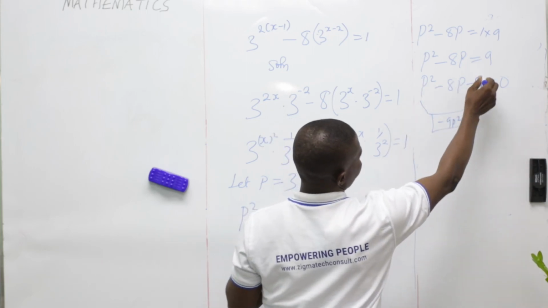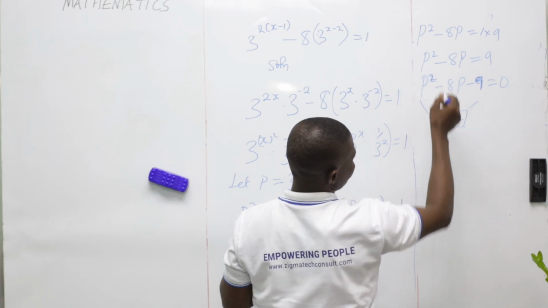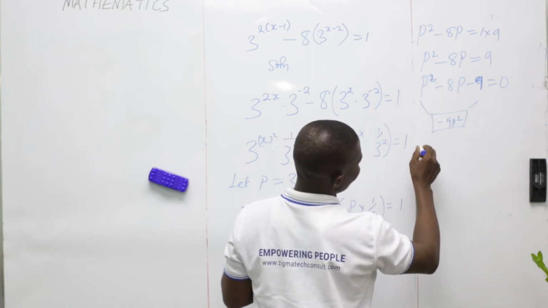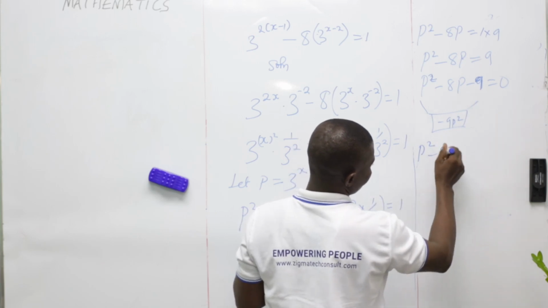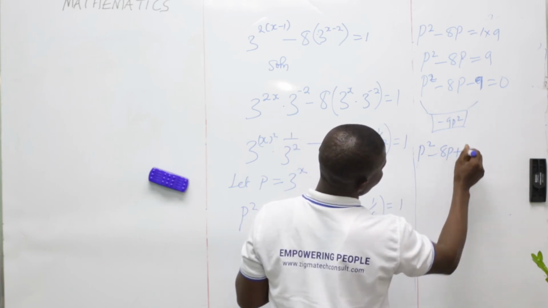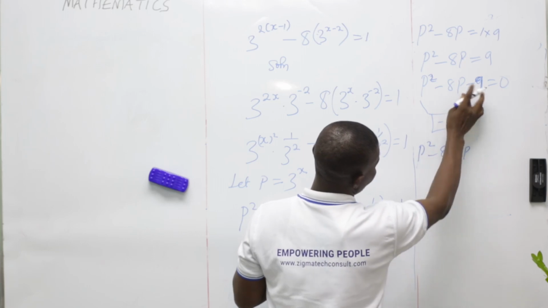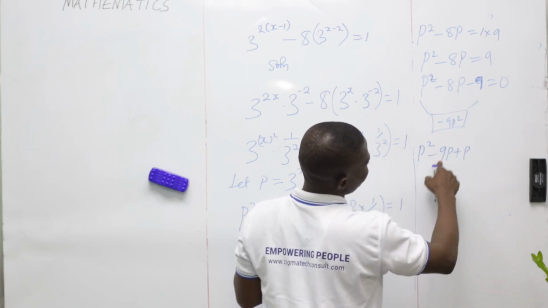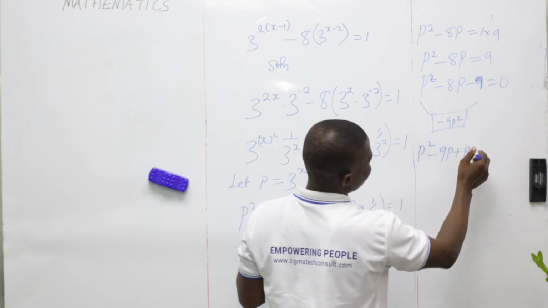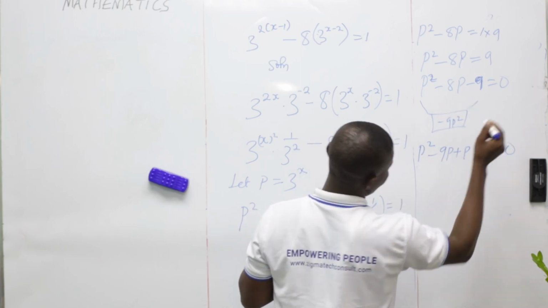What are two numbers that multiply to give minus 9 and add to give minus 8? Minus 8 and plus 1 cannot give us this, so let's use 9. Minus 9P plus P will give us minus 8P, then minus 9 equals 0.